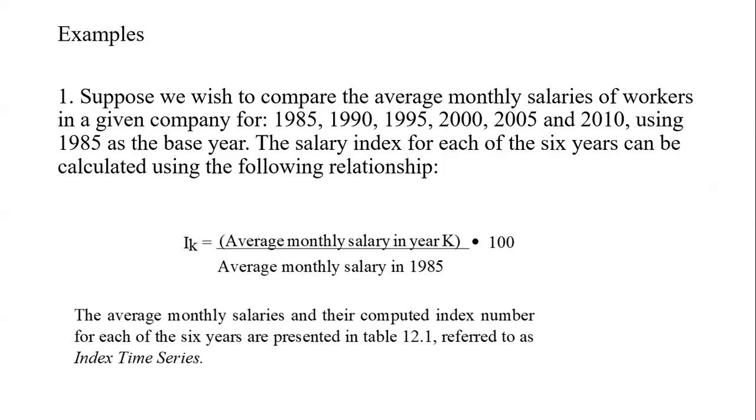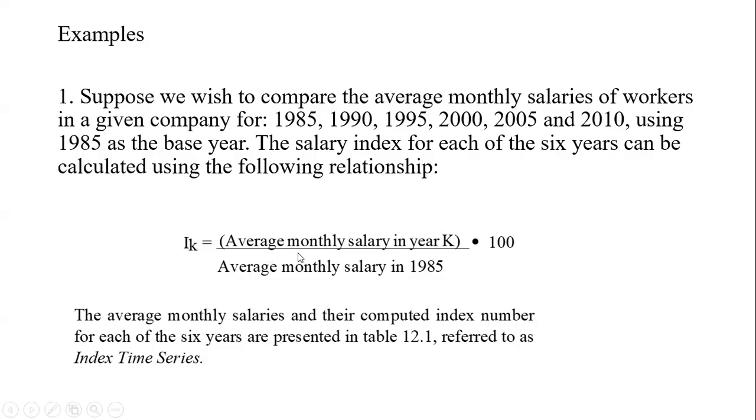So all calculations will be in reference to the base year. So we will be dividing by the base year results. Now, the salary index for each of the 6 years can be calculated using the following relationship. So this is the formula you use.